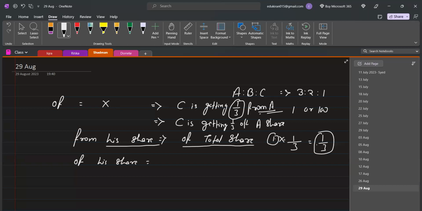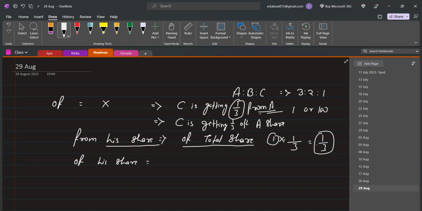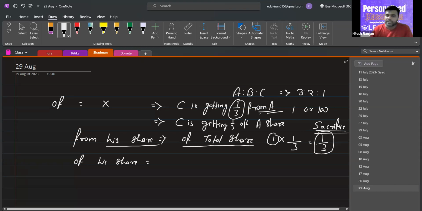So he is getting 1/3 of total share, meaning 1/3 of 1. The result will be the same, because if you multiply anything with 1, you get the same result. So the answer is 1/3. This is the method to calculate sacrifice.